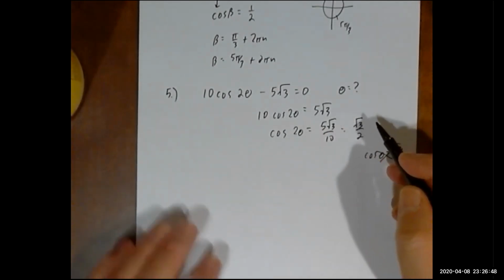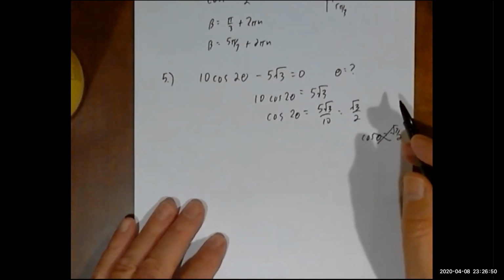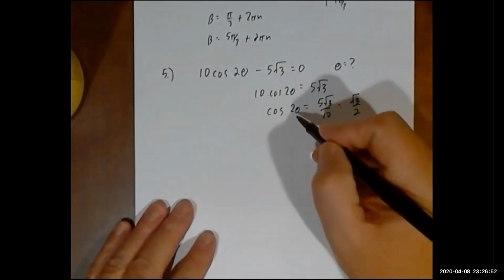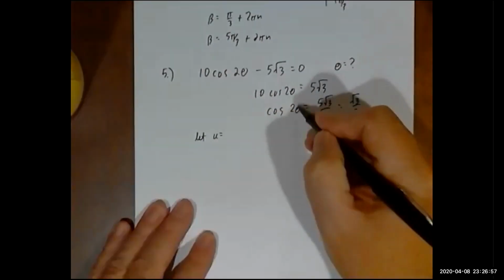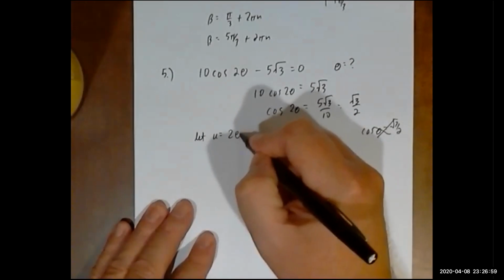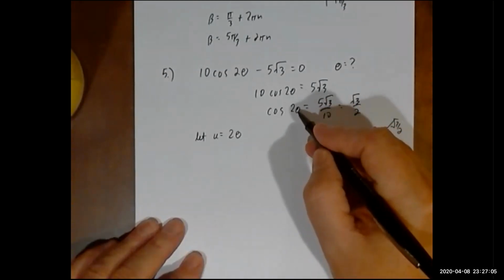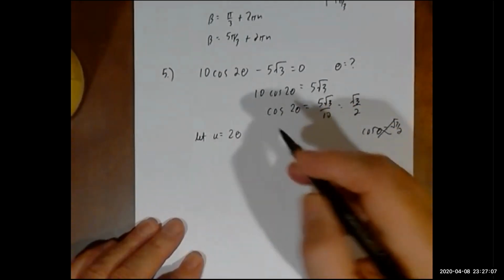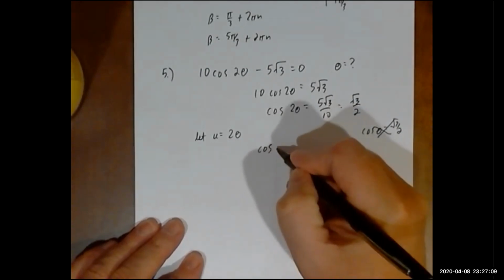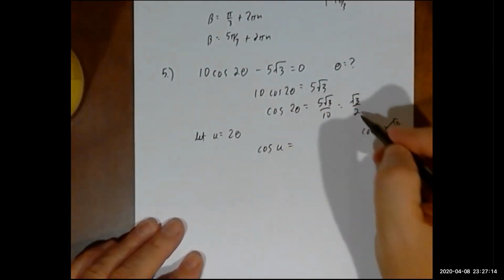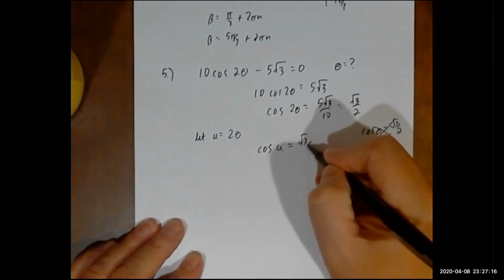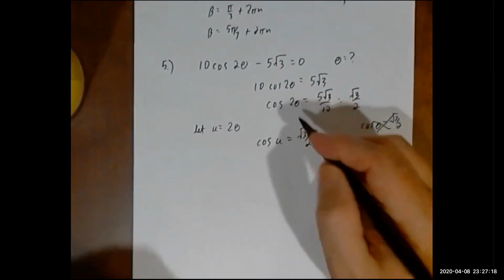So what we're going to do, if you recall, is the u-substitution, where I define this variable u and set it equal to whatever is inside the trig function. Because when I do that, I rewrite this equation and, instead of thetas, I put this u in here. So instead of cosine 2 theta equals square root of 3 over 2, it's cosine of u equals square root of 3 over 2.